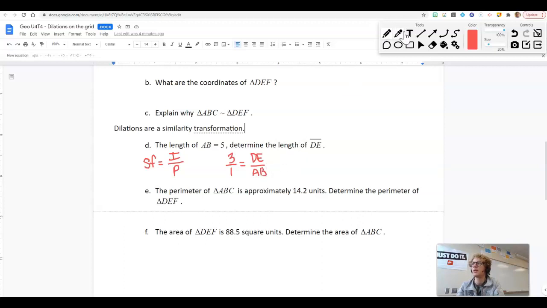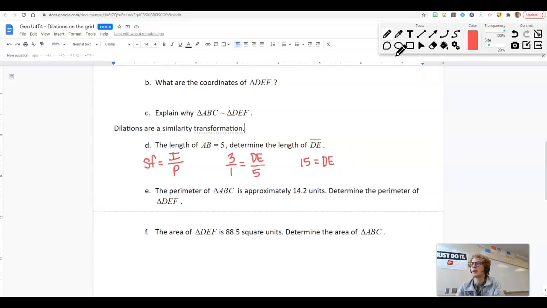So if we were to substitute in for AB, then we would find that, and we do some cross multiplication here, 3 times 5 is 15, and that's equal to 1 times DE, so DE is equal to 15. And that makes sense. If AB is 5 and the scale factor is 3, then DE is going to equal 15.